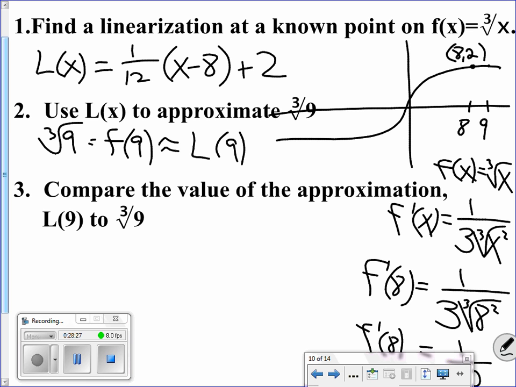So we plug 9 into the x of our tangent line. We have 1/12 times (9 minus 8) plus 2. 9 minus 8 times 1/12 is 1/12, plus 2. 2 and 1/12 is approximately equal to 2.083 repeating.